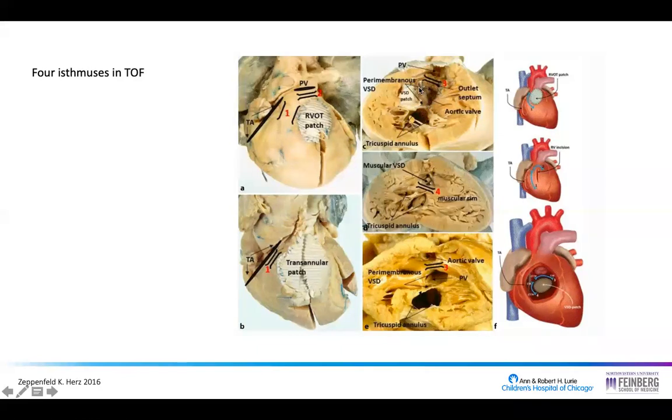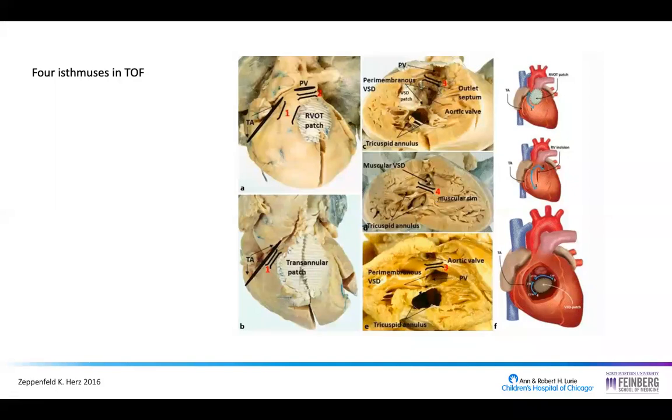And you can see that here is the outlet septum over here, and here's the pulmonary valve, and here's the interior third isthmus. And then again, looking at an opened heart, where here you're looking up at the tricuspid valve annulus, and here's the muscular VSD that, if you're looking through it, will eventually lead you to the left ventricular outflow tract. This is the fourth isthmus here.